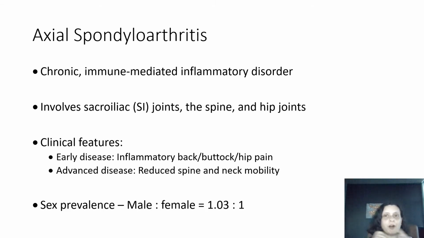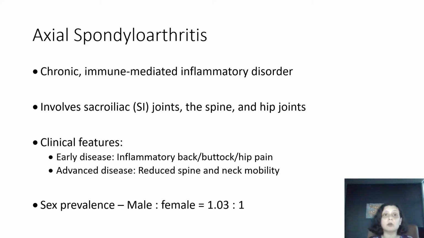So remember the farmer's market that you went to for spondyloarthritis? In your basket, remember the main feature is inflammatory back pain, that is axial, affecting the axial skeleton, and that is why this is axial spondyloarthritis.